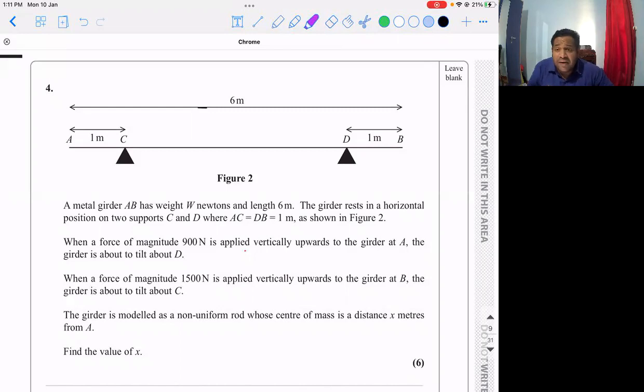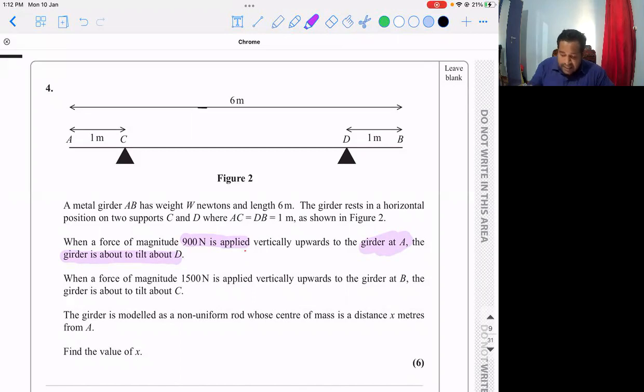So here the key word we have to utilize for doing this question is this. When a 900 Newton is vertically applied at A, what happens?